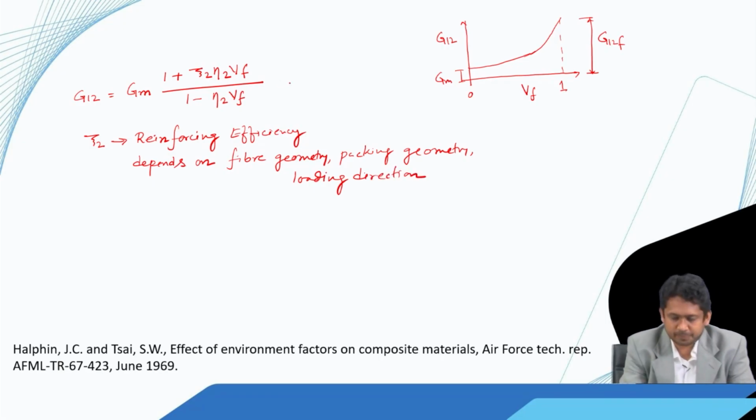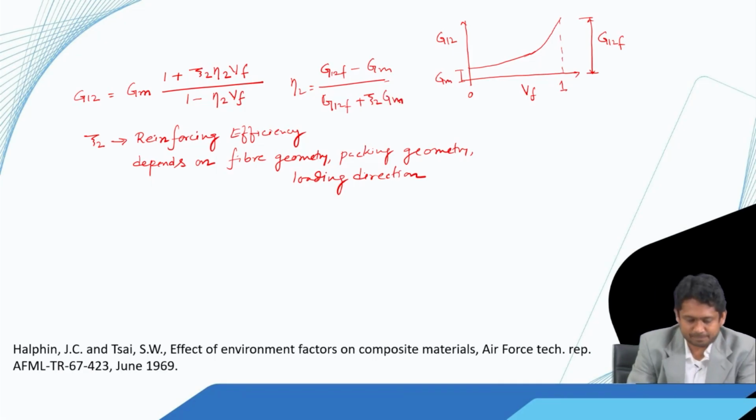And also eta 2, its dependence on xi 2 is also similar to what we saw before. So, this is (G12f over Gm minus 1) divided by (G12f over Gm plus xi 2). Now, xi 2, the values are a little different.